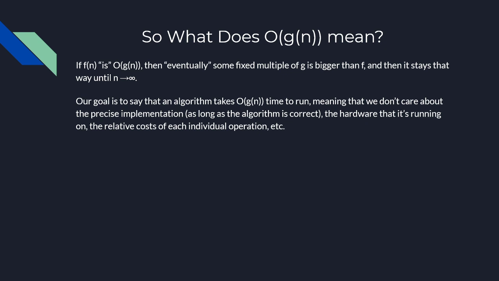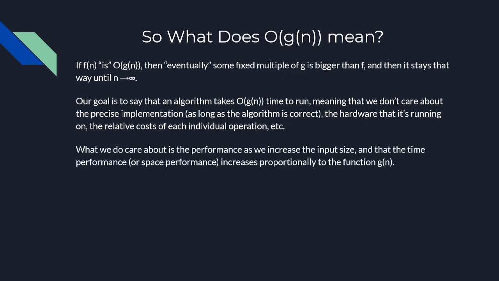This can obviously vary, but let's just go with n is the size of the input that we stick into the algorithm. So we care about performance as we increase the input size, and we want the algorithm to basically track along with g of n in order to have these kinds of statements.